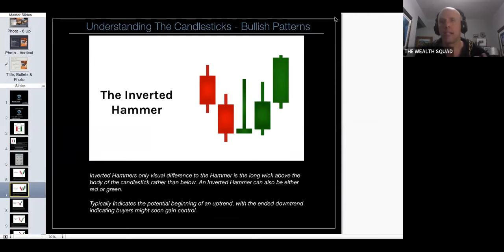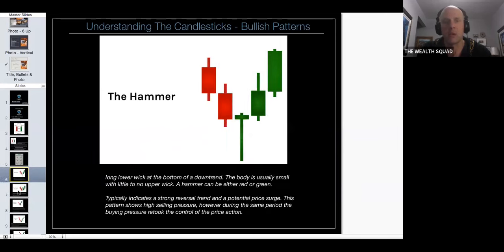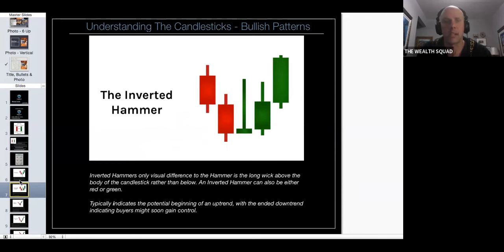So the next one is you have your inverted hammer. The only visual difference between the hammer and the inverted hammer is the long wick that's above the body of the candlestick rather than below it, right? That's the only visual difference. So it's inverted to the other side. And the inverted hammer can, again, also be red or green.